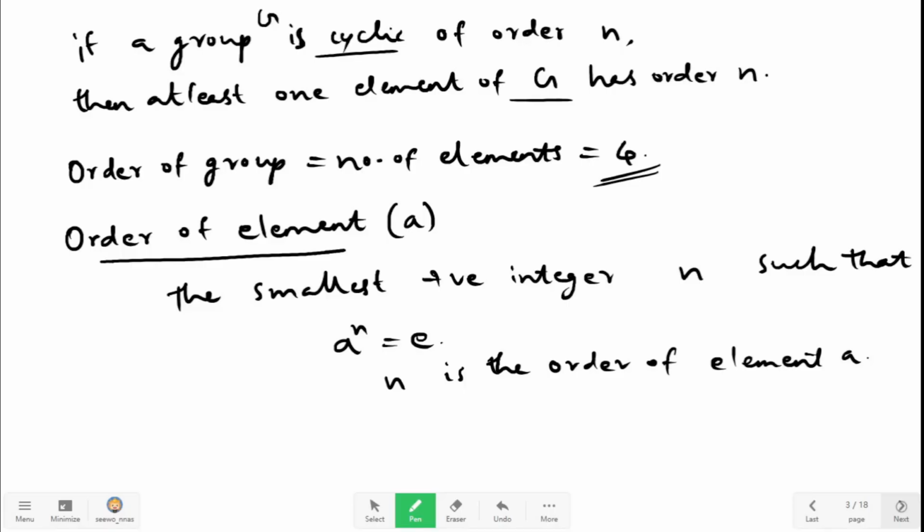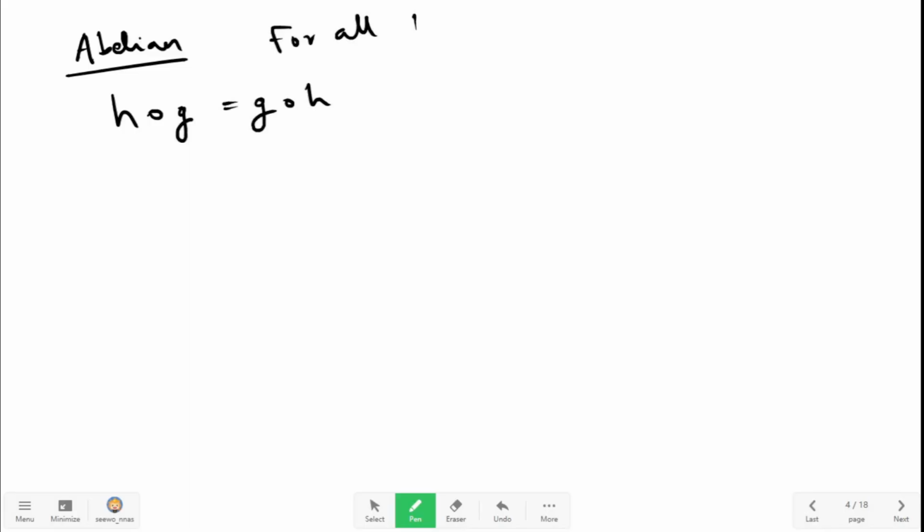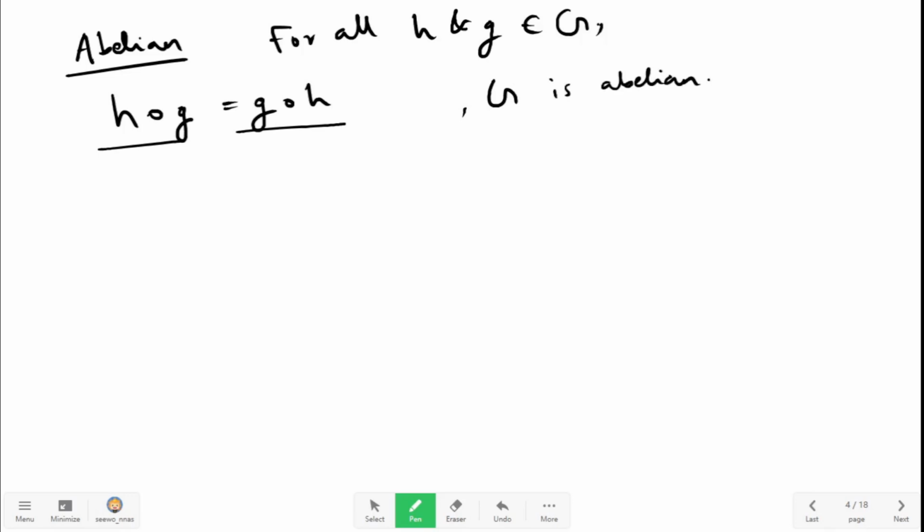Now let us check if the group is abelian or not. A group is abelian if H operation G is equal to G operation H for all H and G belonging to capital G. Let's see.